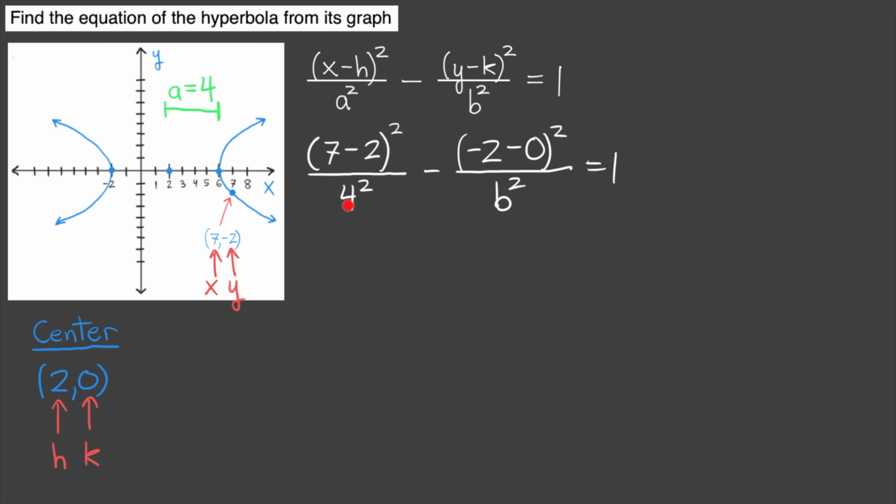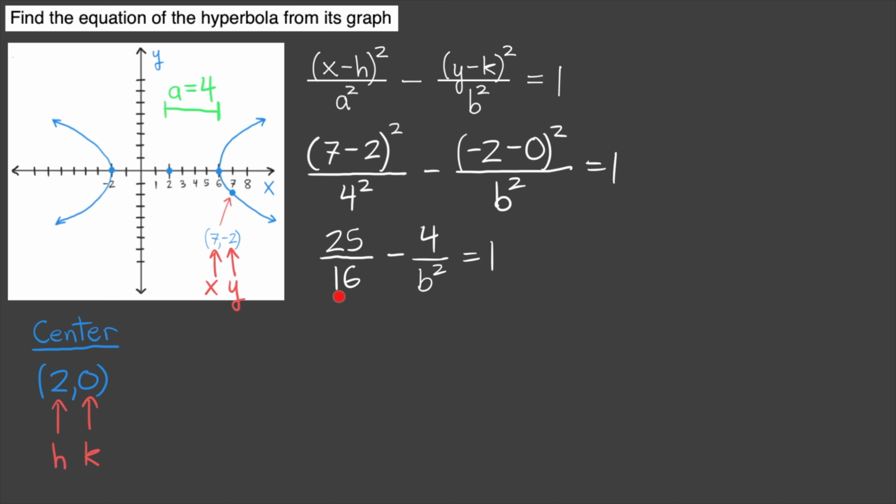All right, so now we just need to simplify this. 7 minus 2 squared is 5 squared, which is 25. And then we have 4 squared, which is 16, minus, and then we have -2 squared, which is 4, over b squared equals 1.